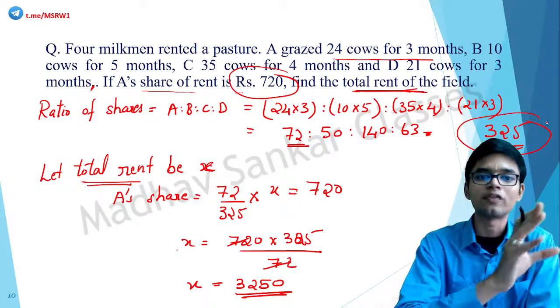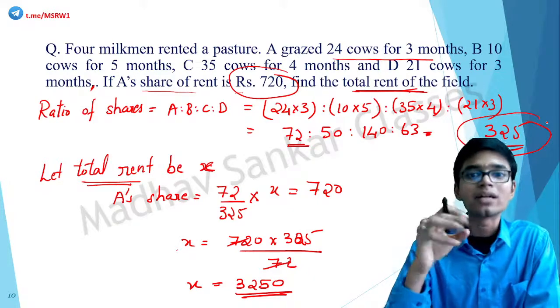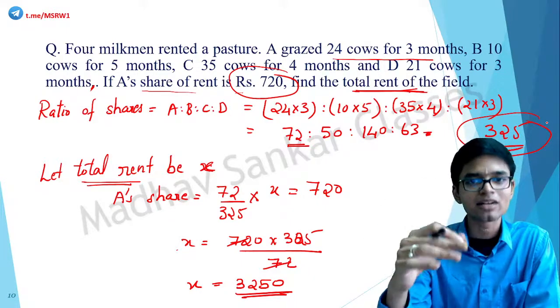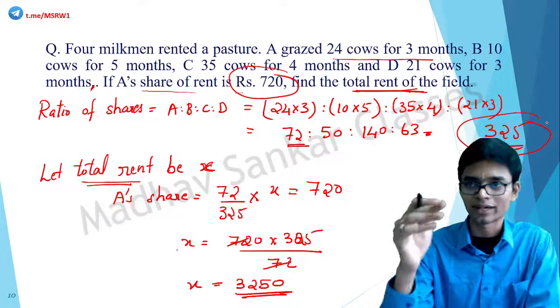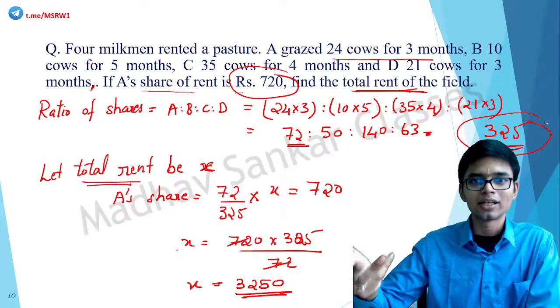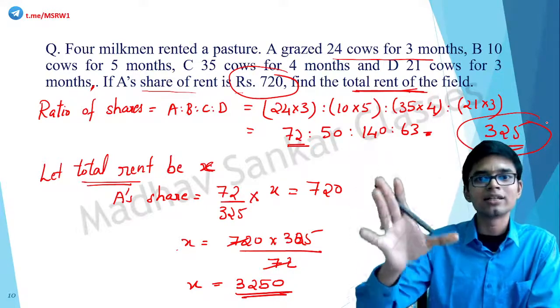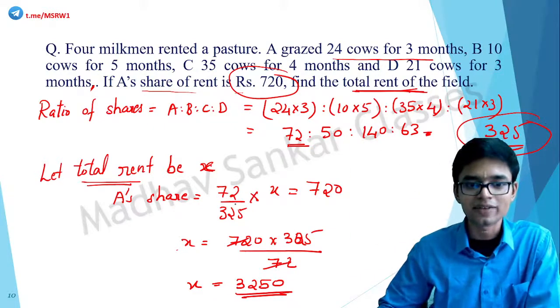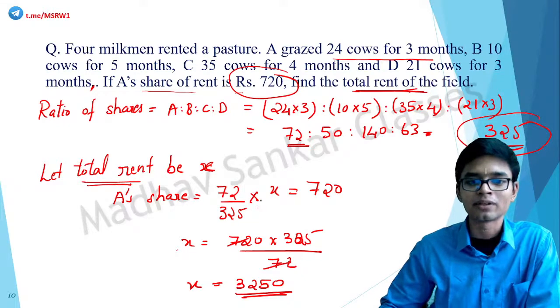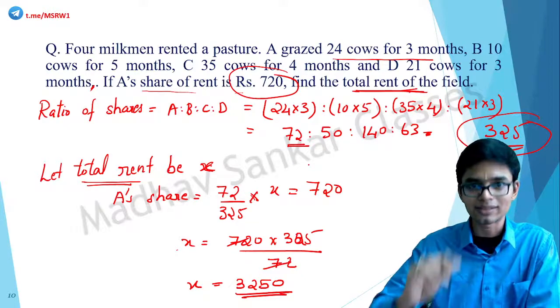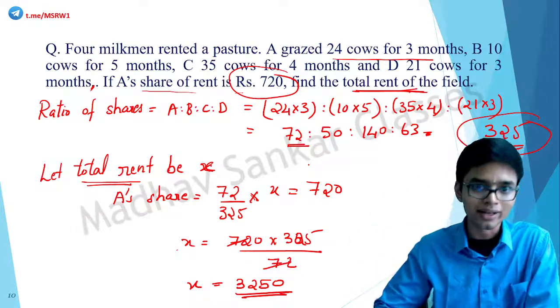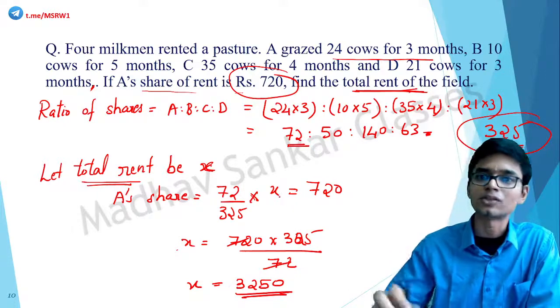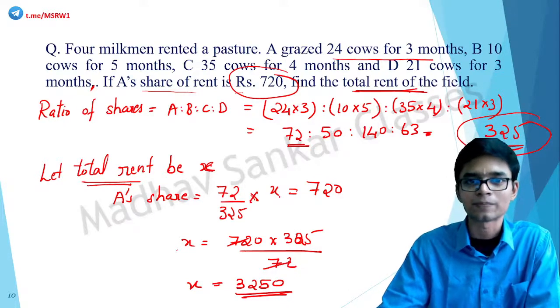That is the share of A. In rent also, the share will remain the same. Rent is based on how much you have used. If A has used this much, then his share in rent will be equivalent. So it is the same, 72 parts out of 325, into X. That is A's share, and that is given as 720. Simply solve for X to find the total rent.